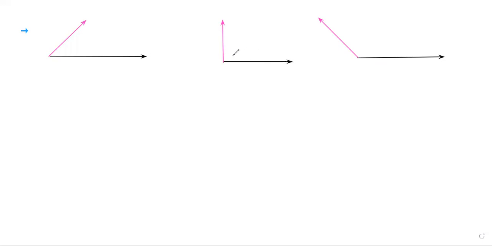It is a simple one. We use the parallelogram law when the angle between them is less than 90 degrees, where theta is less than 90 degrees, or when theta between the two vectors is more than 90 degrees.